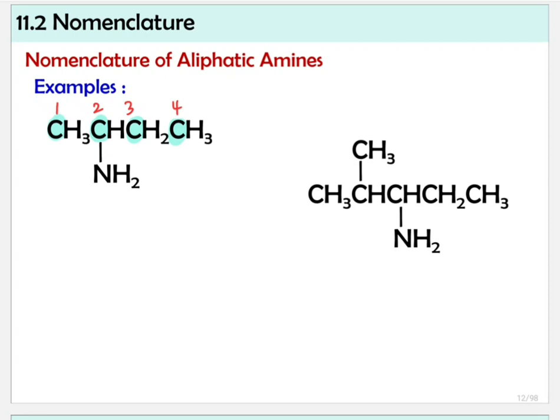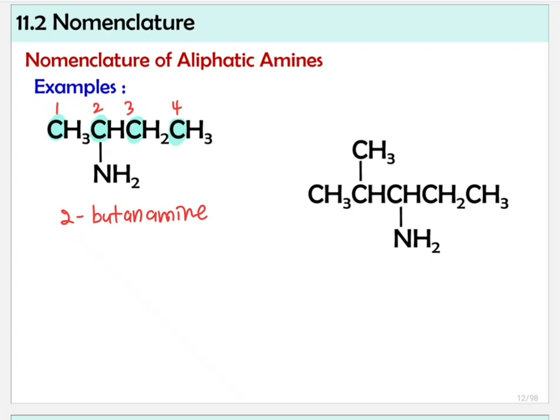Okay. Jadi ini NH2 ni dia bukanlah akan jadi apa substituent tau, sebab dia nama dia kita akan letak dekat parent chain. Contoh ini 4 carbon kan. Jadi bila 4 carbon dia adalah but. Okey, kalau originalnya kita akan letak butane kan, tapi kita dah padam E dan dia jadi butanamine. Okey, satu lagi kita kena letak number. Okey, what the number of carbon that contains NH2 group? Carbon number 2. So, 2-butanamine.